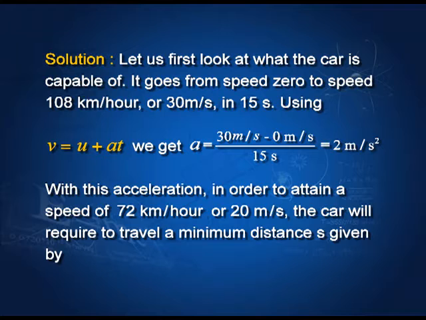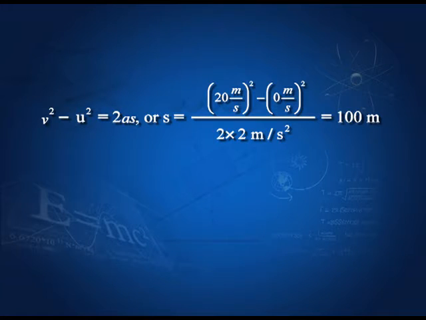With this acceleration, in order to attain a speed of 72 kilometers per hour or 20 meters per second, the car will require to travel a minimum distance s given by v squared minus u square equal to 2 a s. So, we substitute the values and we get s equal to 100 meters. So, that is the minimum distance that the car must travel to get to a speed of 72 kilometers per hour.